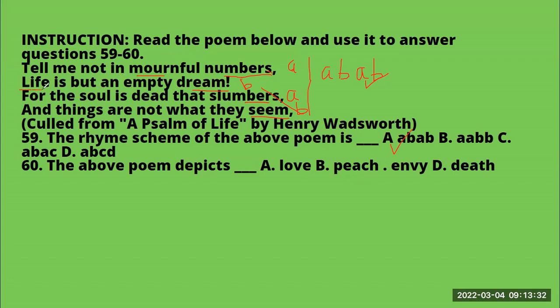Of course, the word life is also mentioned here. And being an empty dream is also a veiled reference to how life is really too short and unpredictable. For the soul is dead. Again, you see all these are words associated with death, and things are not what they seem. So we can see that it's not a love poem.